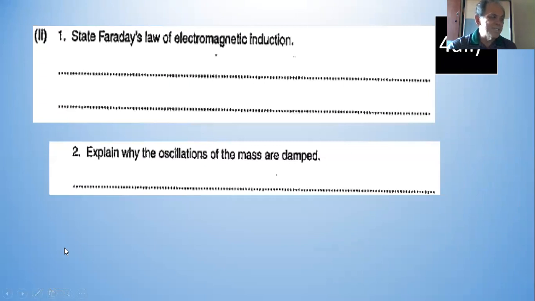Anyone like to state Faraday's law? They take it through step by step, then after that they want you to use Faraday's law. Anyone? Very quiet. No one wants to try. Anyone? State Faraday's law.